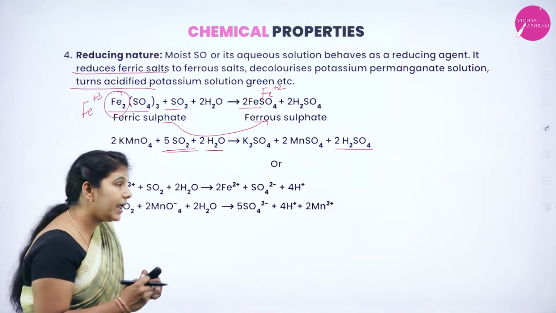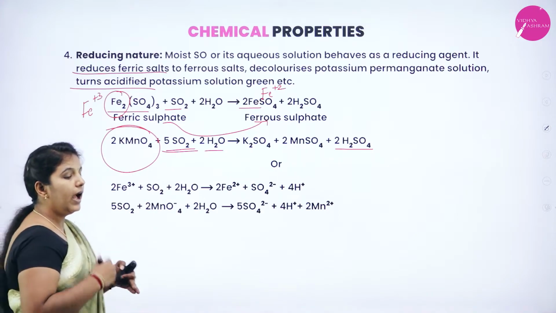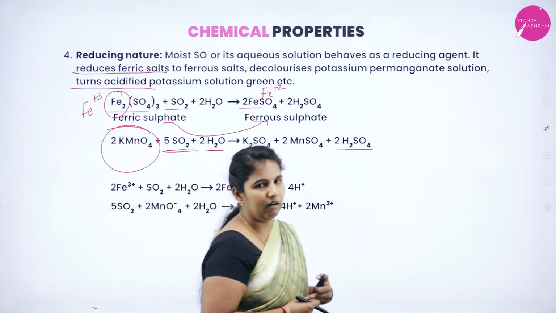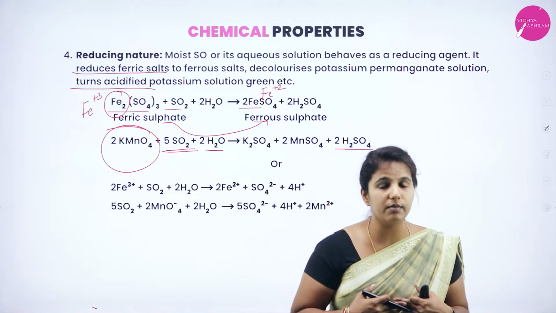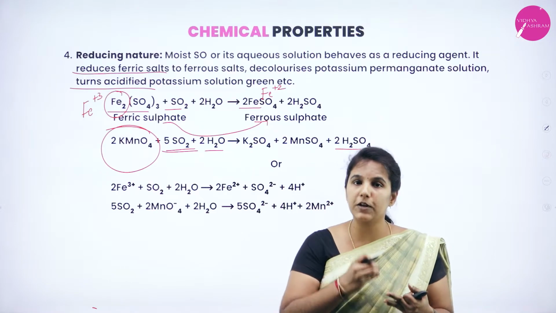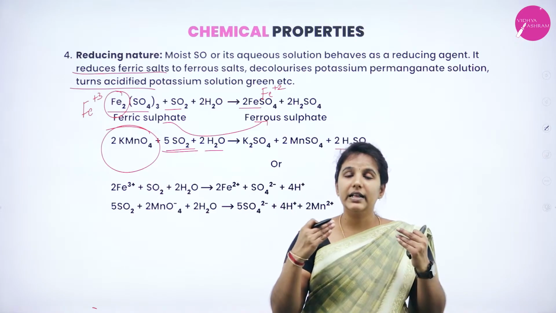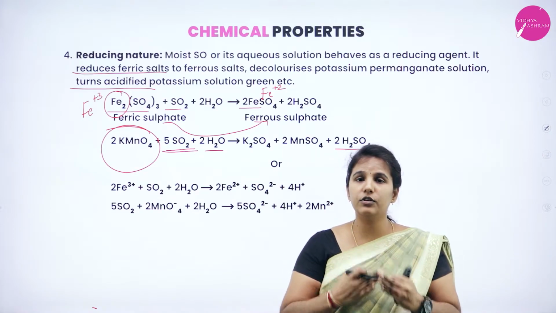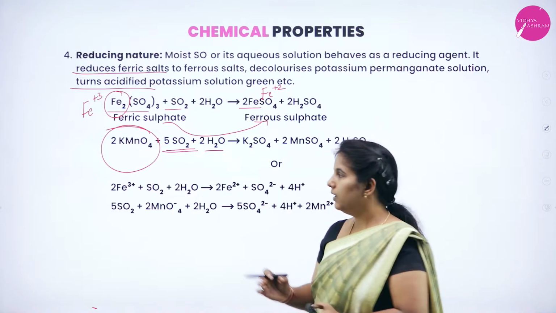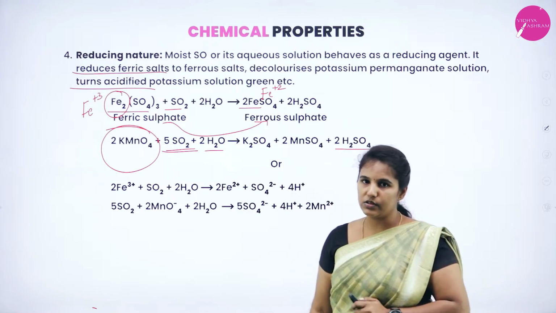It decolorizes the dark pink color of the potassium permanganate and it has become what? Sometimes you can say it becomes colorless also. This indicates that in the potassium permanganate as well as in the ferric sulfate, it acts as a very good reducing agent. I can replace these two reactions in this way also.